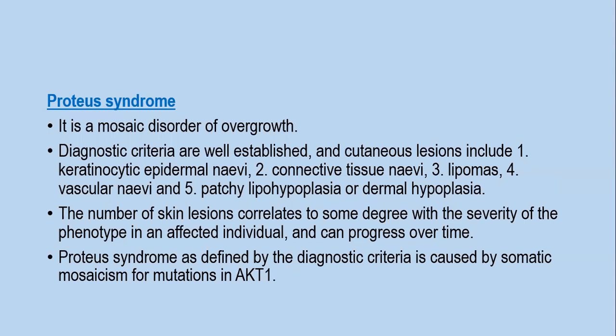So Proteus syndrome includes almost all types of congenital nevi, that is keratotic nevi, the connective tissue nevi, and the pigmented and vascular nevi. The number of skin lesions correlates to some degree with severity of phenotype in an affected individual and can progress over time. The Proteus syndrome is defined by diagnostic criteria and caused by a somatic mutation, somatic mosaicism for mutation in AKT1 gene.